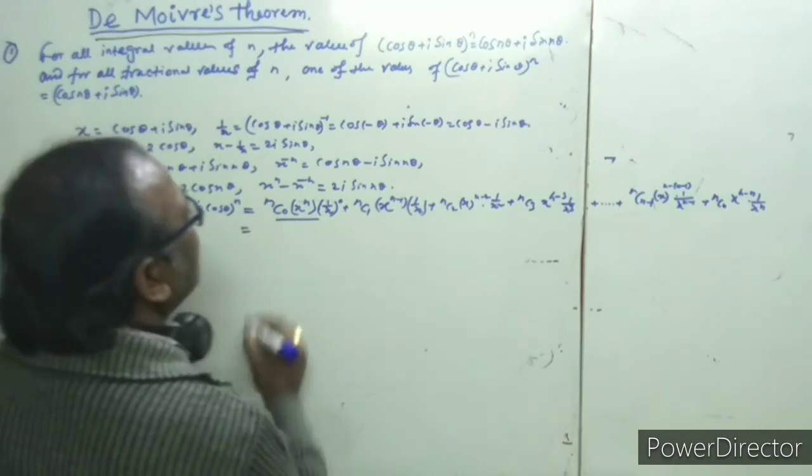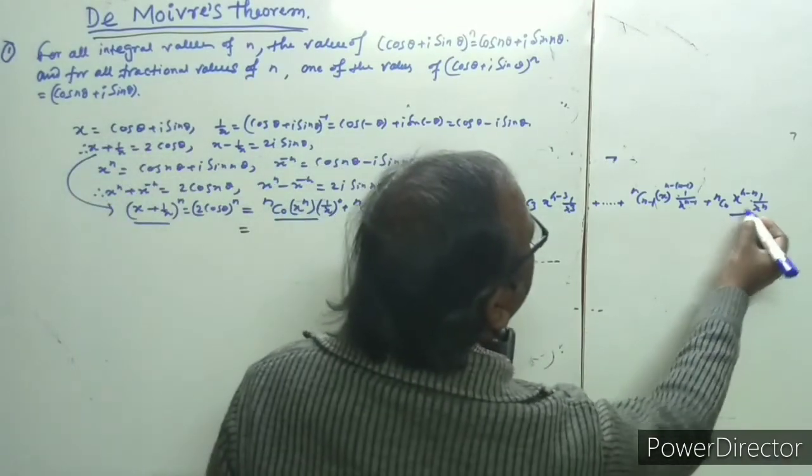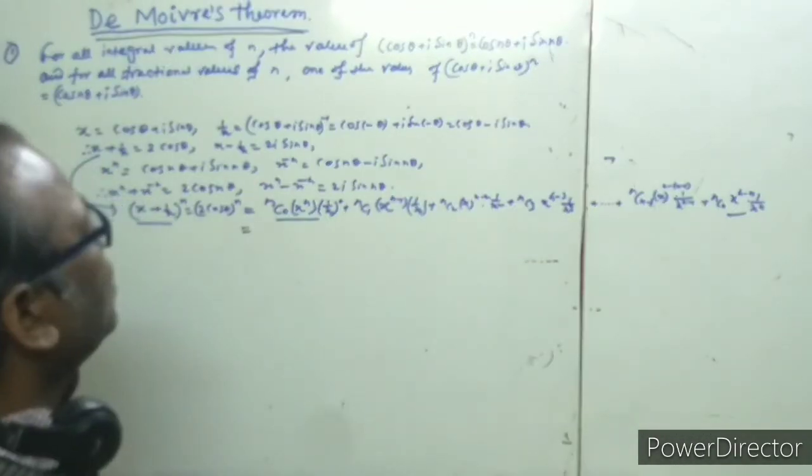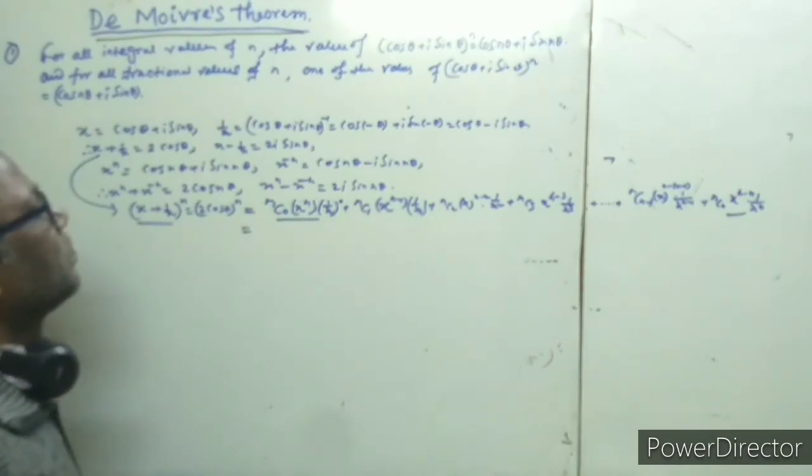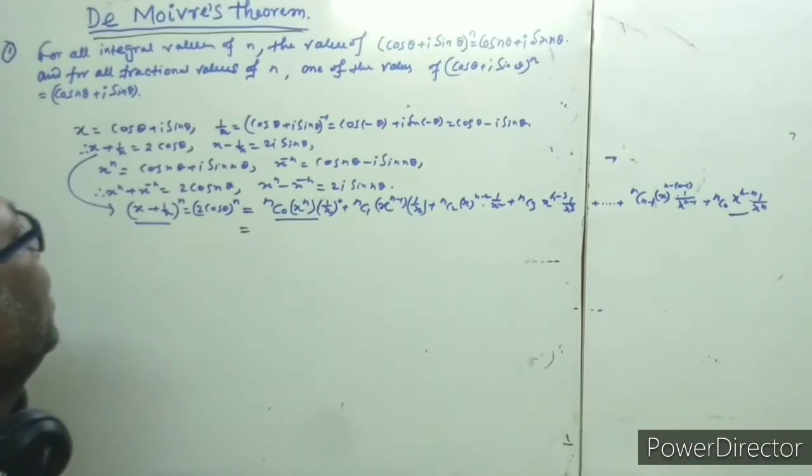Okay, and now this term and this term, here nC0 and nCn.